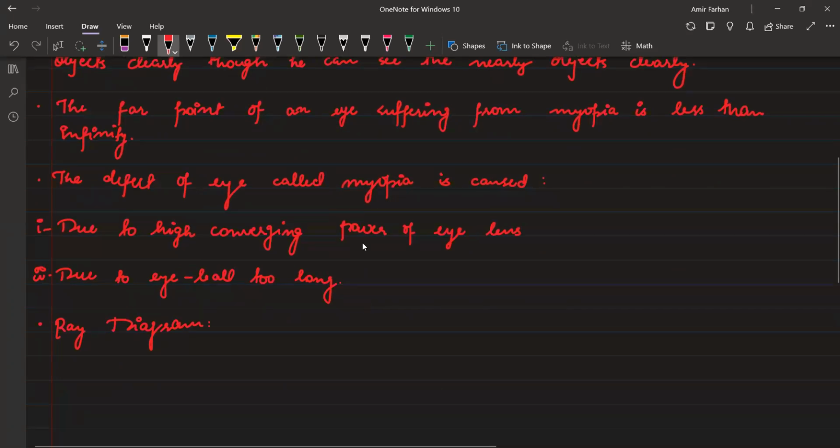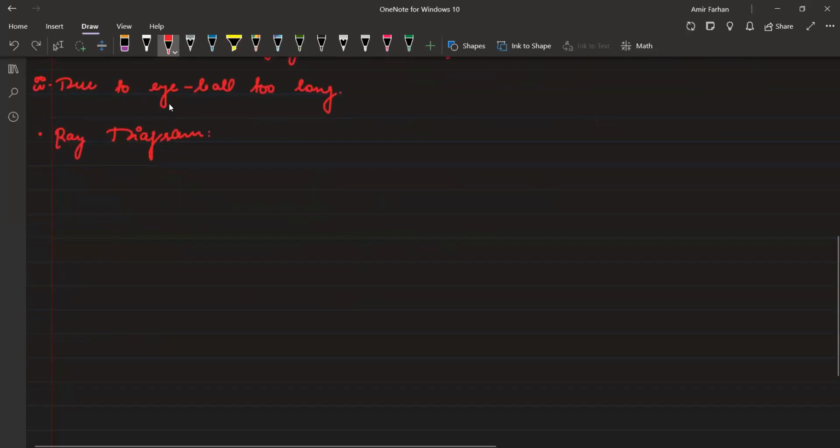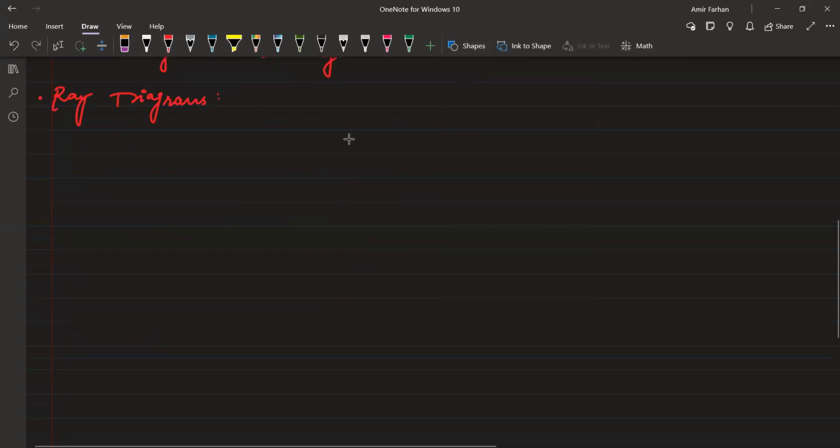Okay, so let's understand using the ray diagram. This ray diagram is very important. These three ray diagrams are there, so you have to understand and practice them. Basically, this myopia can be shown as follows.